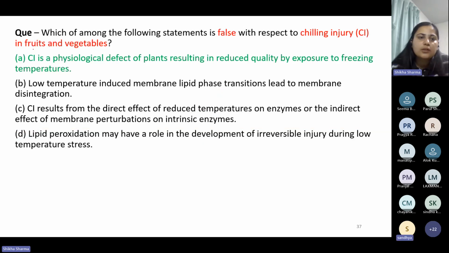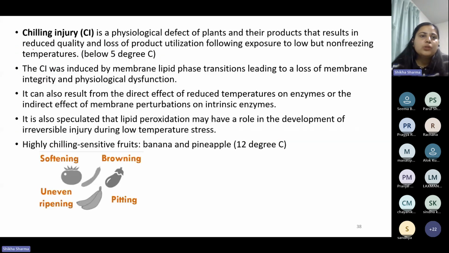Let's understand this question. Chilling injury is basically a physiological defect of plants and their products that results in reduced quality and the loss of product utilization following exposure to low but not freezing temperature.